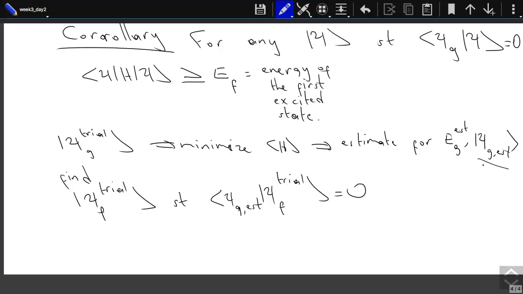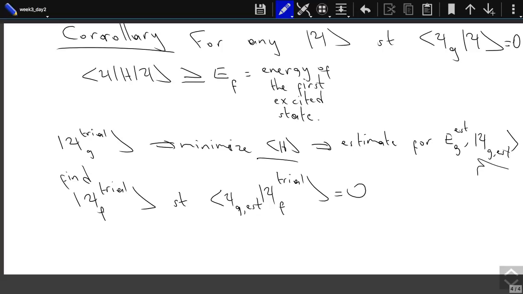So this way you can build up your trials for the excited states also. Now, of course, since you will be deviating from the exact ground state in general, your estimates for the first and the second excited states will get worse and worse. We don't have any tool to correct it. There's no systematics to calculate corrections to those.